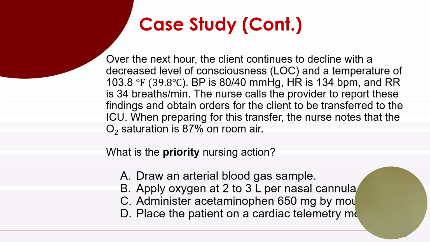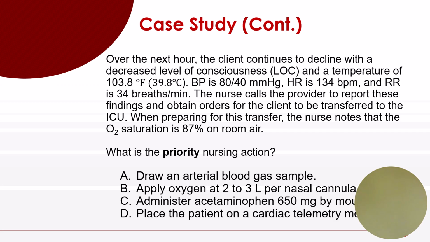But we need to do this prior to transferring the client to ICU, meaning that the client will be transferred on oxygen. Once the client has stabilized, then yes, we do need to get that telemetry on them, especially during transport, if at all possible. We may not be able to wait for stabilization to apply that telemetry and to do the transport.